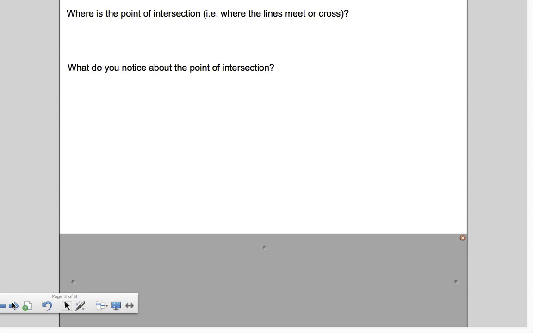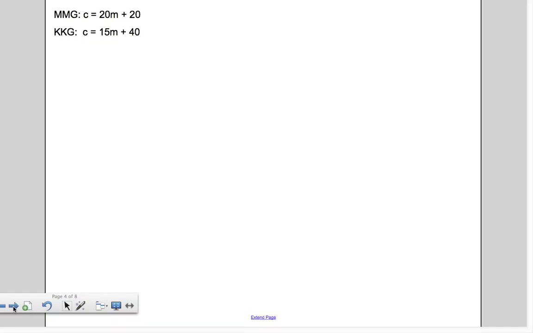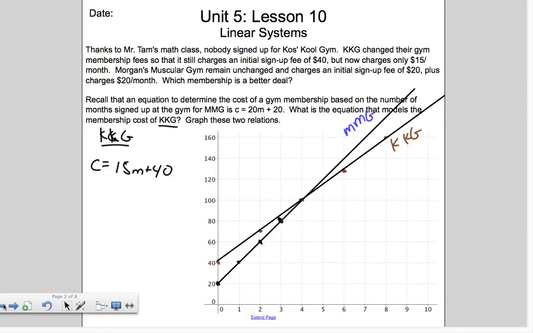Over 100. At 100? So what's the coordinate here? 104? Well, isn't that the coordinate here where it meets? Right here it's really 4, 100.